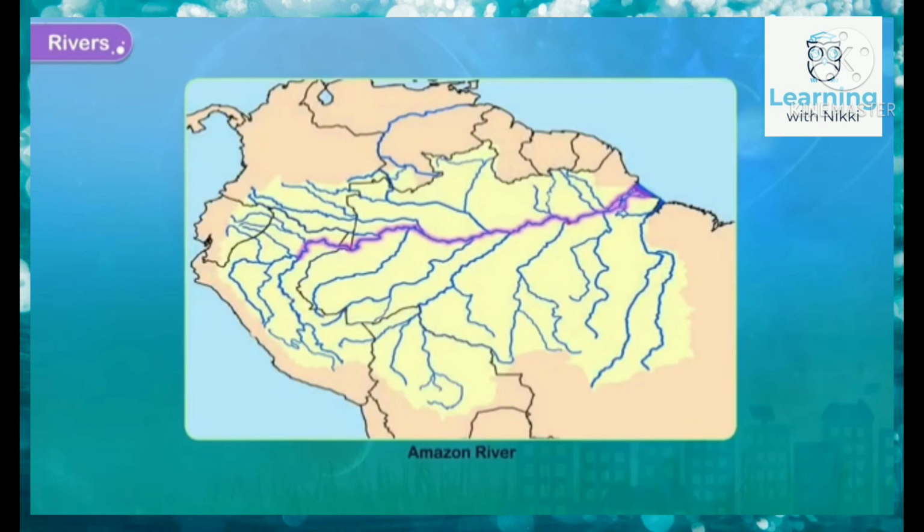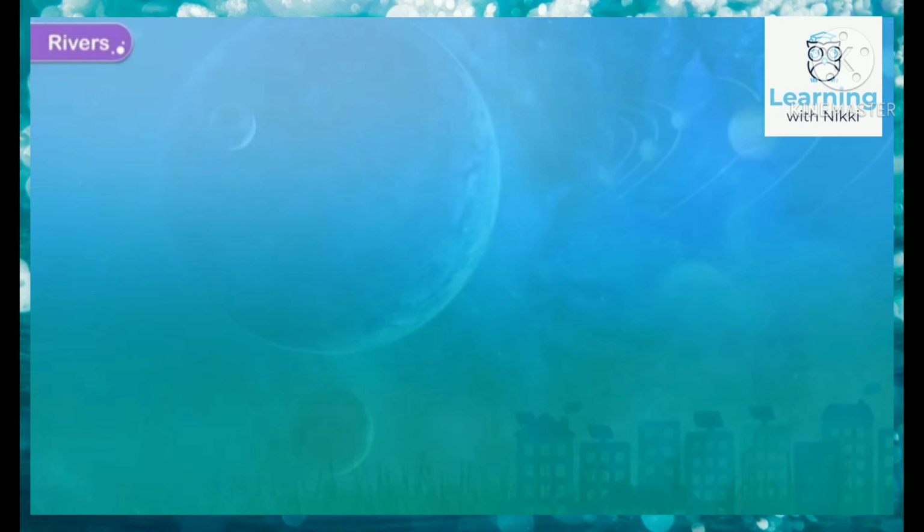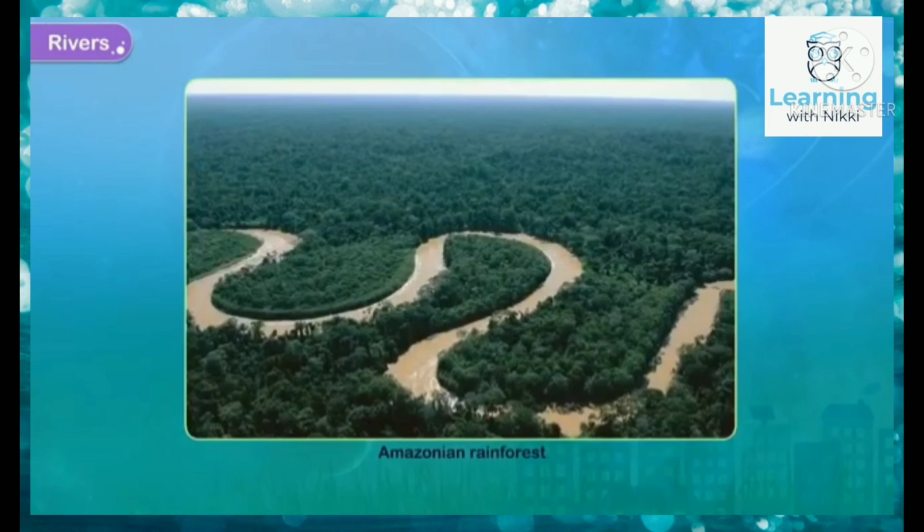The Amazon River in South America runs across Peru, Ecuador, Colombia, Venezuela, Guyana, Suriname, Brazil, and Bolivia. This has been covered with the Amazonian rainforest, which extends up to 55 lakh square kilometers of area.